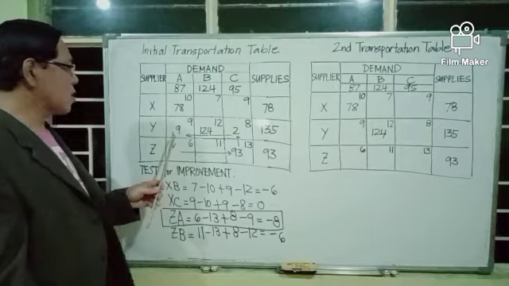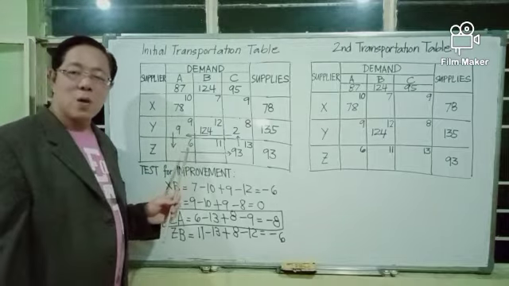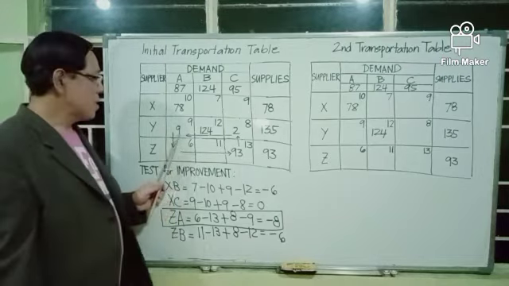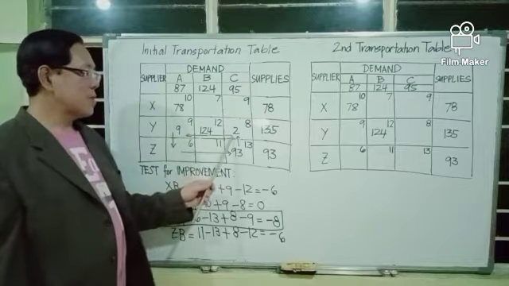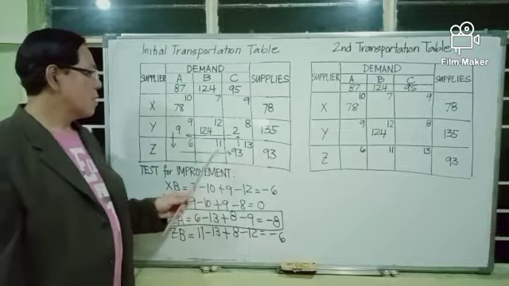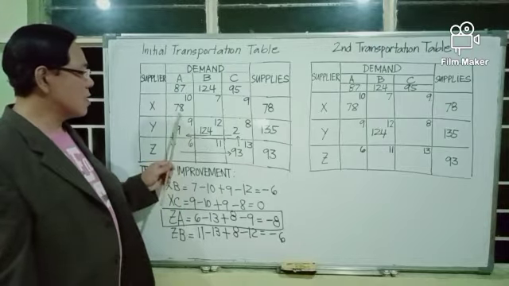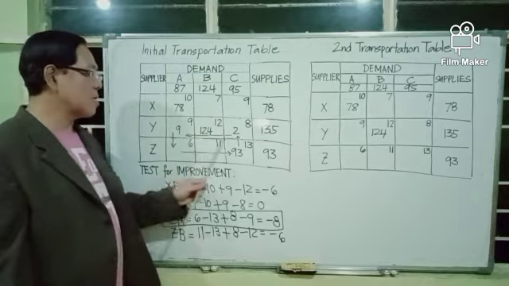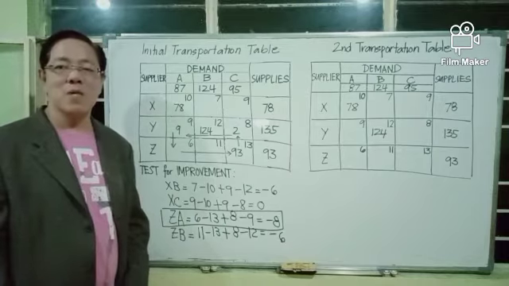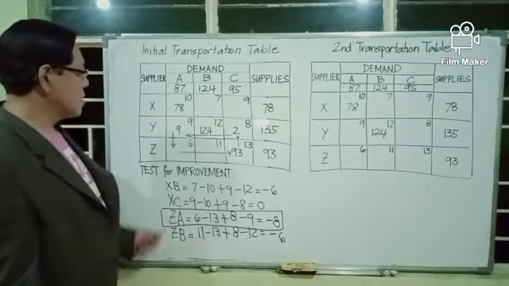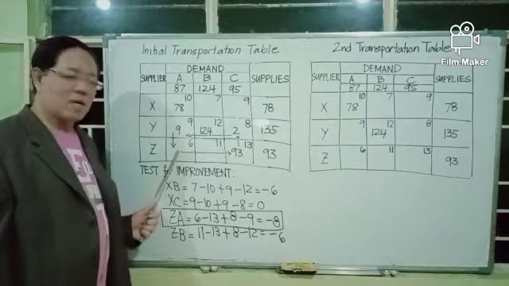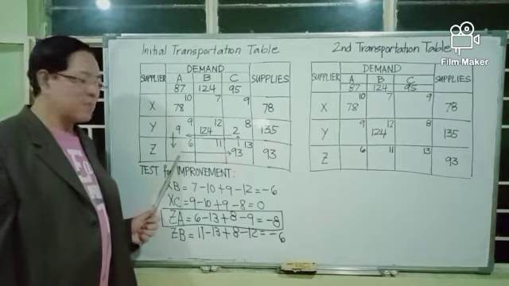The number of units in the occupied cells that are in the closed path for the vacant cell ZA will all change. These numbers 9, 2, and 93 will all change. All the numbers in the occupied cells that are not in the closed path for the vacant cell ZA, where we would transfer some units, will remain the same. So this number 9 will change, and this is initially empty or vacant, and we will transfer some units to this vacant cell.